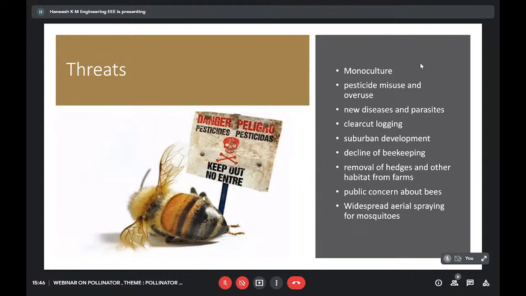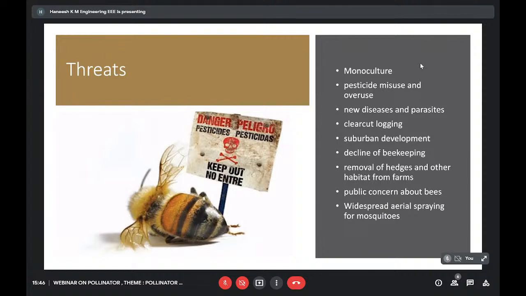You can see the rapid urbanization in suburban areas, where you are cutting down all the vegetation and a lot of trees. So ultimately the insects will find it difficult to survive.